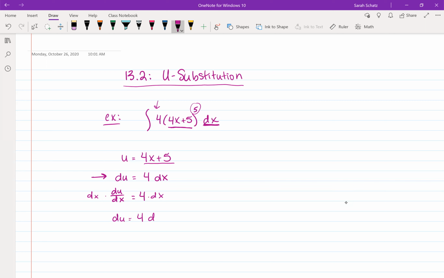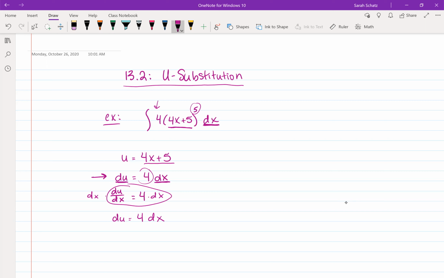We're just writing it like this. I guess you could always write it like this first and always multiply that dx on both sides, but it helps if you can just skip that part and put the du by itself over here, and you know the dx is going to stick on to whatever this derivative is. And it is important that we have the dx.